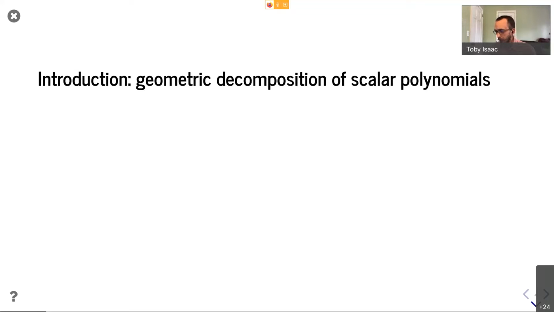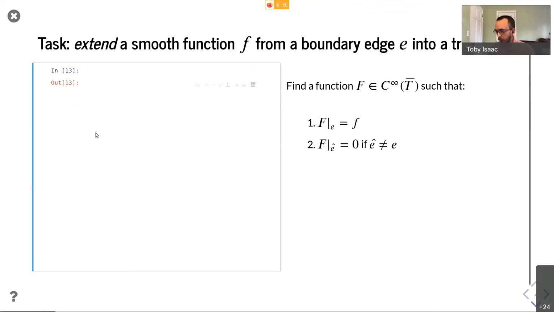So geometric decomposition is this basic task for finite elements. Here we're just working in scalars. I have some function lowercase f that is defined here on the edge of a triangle.